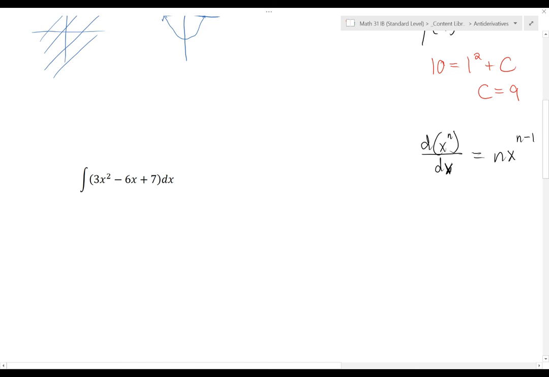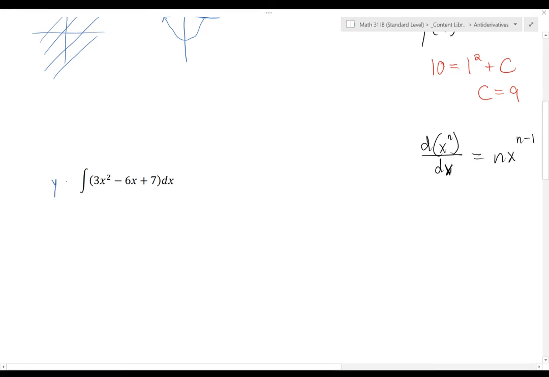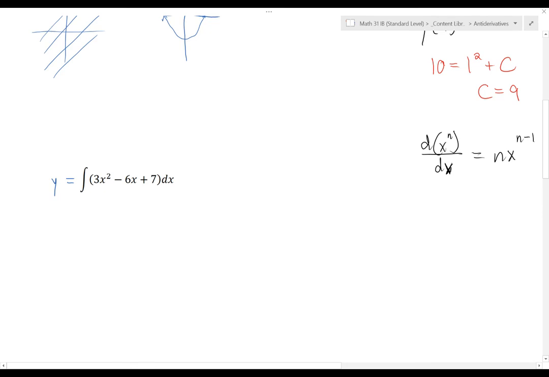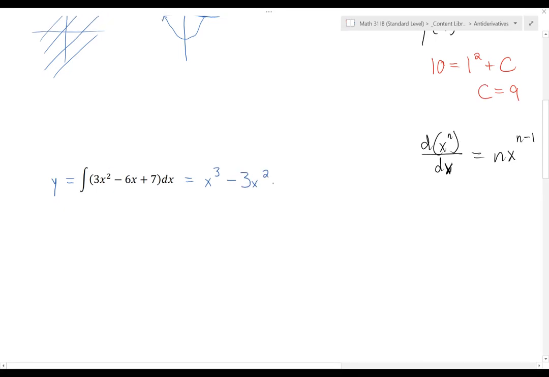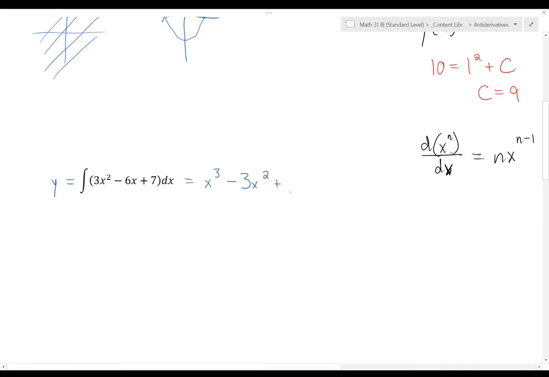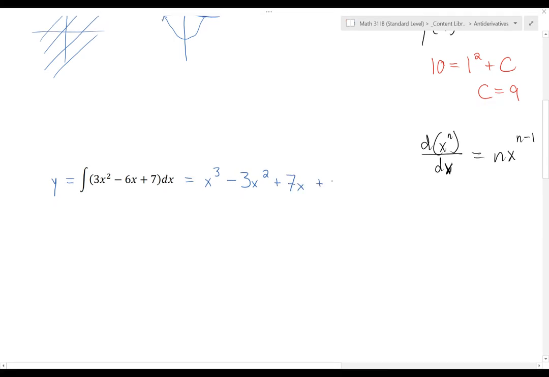So looking at this polynomial here, just looking at the individual parts, and again, here we just have our notation. Essentially, it's understood that this means y equals that. The antiderivative of 3x squared is x cubed. The antiderivative of minus 6x is going to be minus 3x squared. The antiderivative of 7 is going to be plus 7x, and then plus some constant.